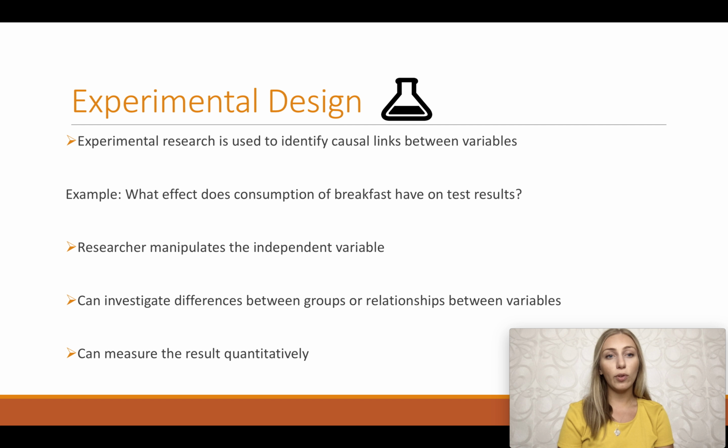So an example that we can use for an experimental design, we could ask the question, what effect does consumption of breakfast have on test results? So the 2 variables that we would be looking at are the consumption of breakfast, which is the independent variable, and then the test results, which is the dependent variable.